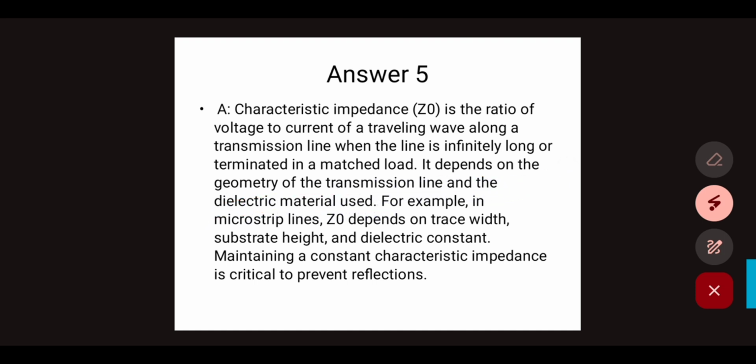That's also true, because there is something like Z naught equals root over L by C, or C by L. So that means it is purely dependent on the geometry of the transmission line. So maintaining a constant characteristic impedance is critical to prevent reflections. We'll study more about this in upcoming slides.